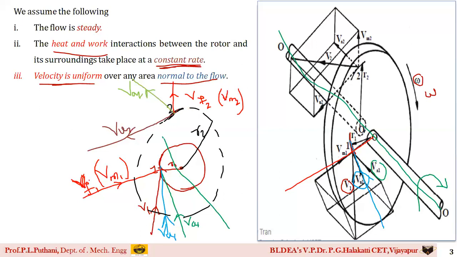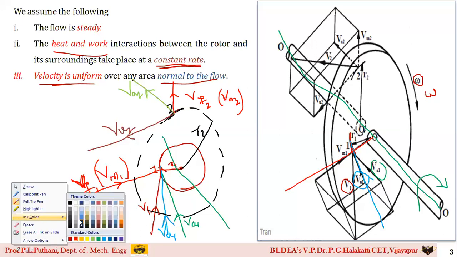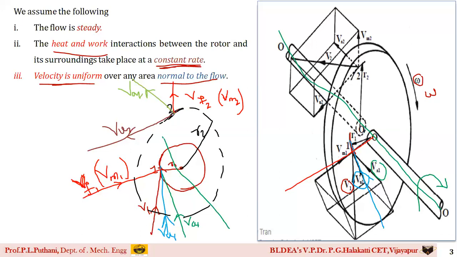So then what is your absolute velocity V2? This is your absolute velocity V2.